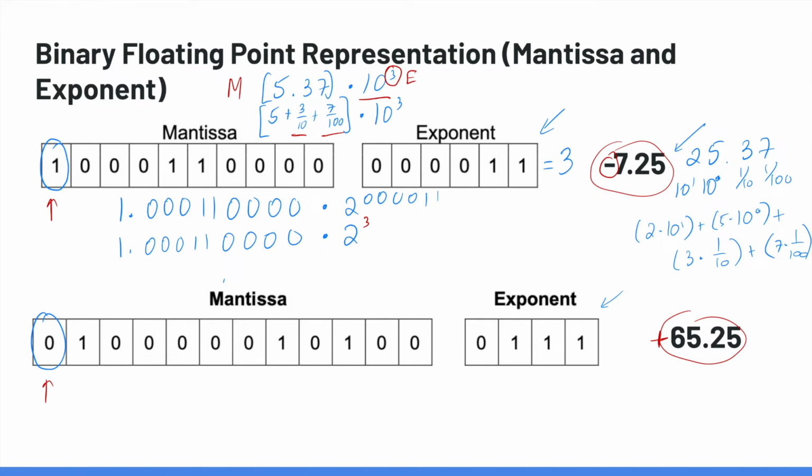Well, if you take this and apply this to binary, it's going to look something like this. Because this is normalized, we'll look at non-normalized numbers later, but our first number is going to be the only number on the other side of the decimal point. Everything else is going to be a decimal.